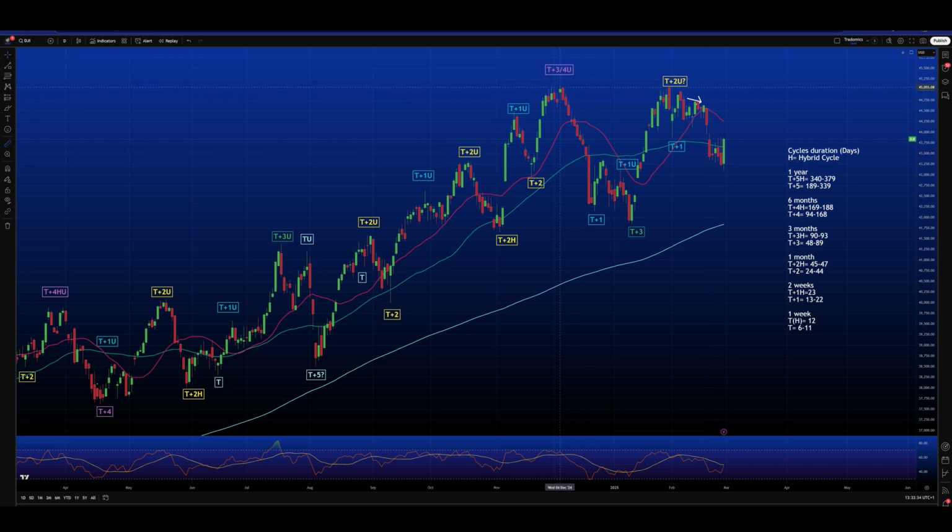This is because the total duration here was 37 bars, so it was a little bit longer in terms of duration of a T+2 cycle compared to the other indexes.